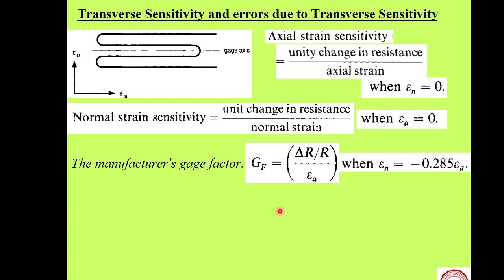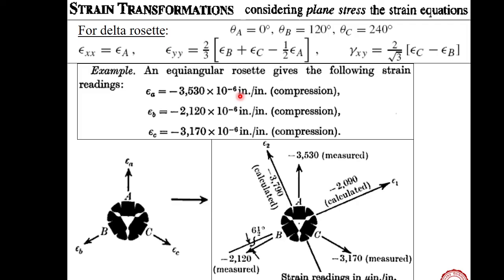You recall our earlier discussion where we mentioned that the manufacturer specifies the strain gauge factor as well as a transfer sensitivity. By the use of that transfer sensitivity factor, we can correct the error which occurs in measurement of stresses from these readings.